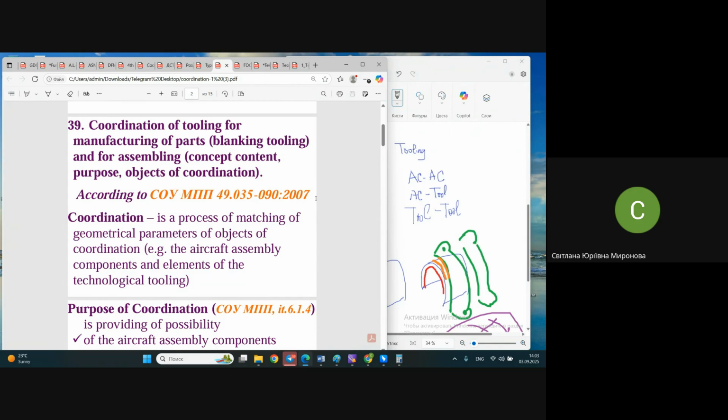And we talk not only about airplane pieces, but also about the tooling that we use in manufacturing. This tooling may be, as I already said, at least two big groups: tooling used in manufacturing of parts and tooling used in assembly. It's so-called tooling of the first order, tooling that contacts parts and assembly components.